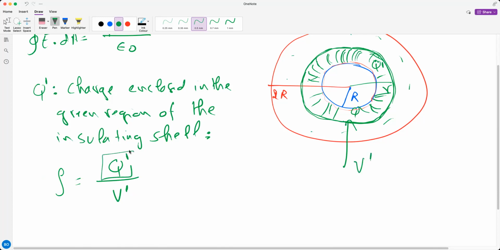I want to find Q prime. I want to find the charge enclosed in the green region of the insulating shell. This green region has a volume that I call V prime. And the volume V prime, I know that it's equal to 4 pi over 3, small r cubed. Are you following? Yes, Professor.